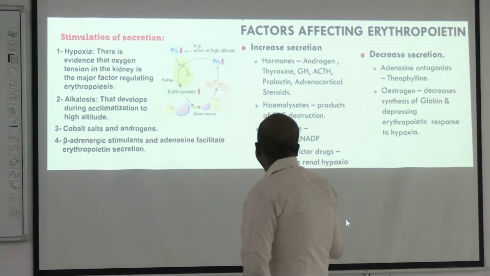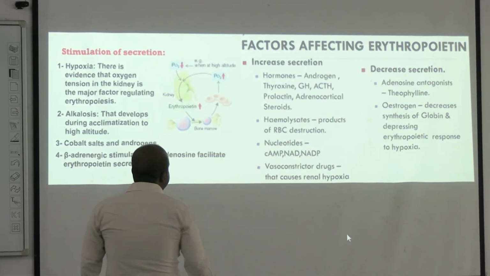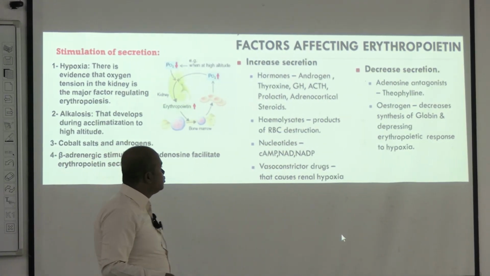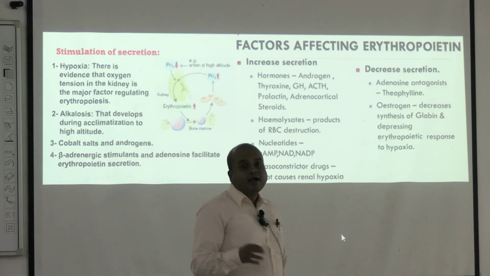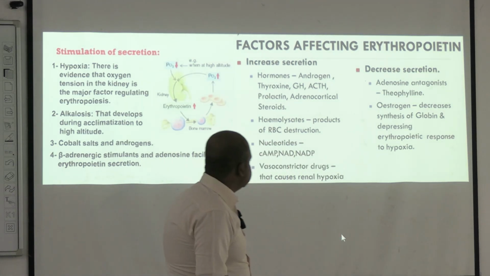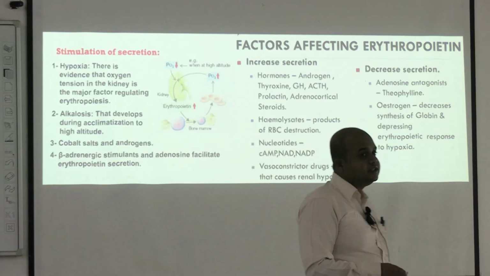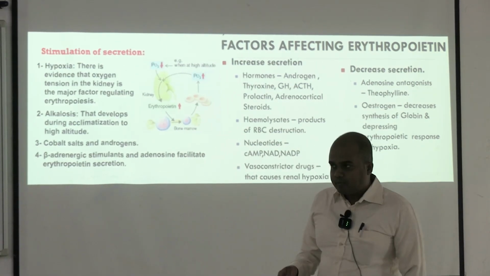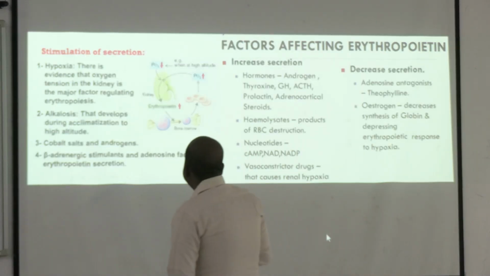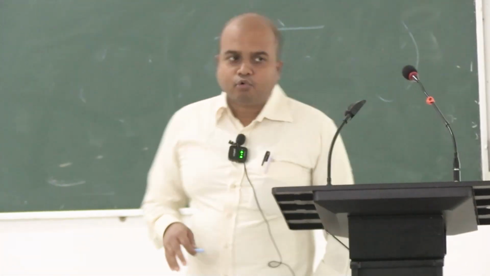Adenosine facilitates erythropoietin secretion, but adenosine antagonists like theophylline, or hormones like estrogen, decrease the secretion of erythropoietin. But mostly this single factor, hypoxia-induced increase of erythropoietin, is the most important factor.